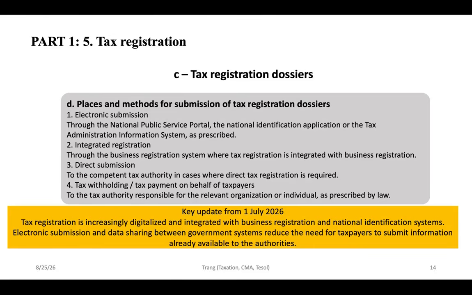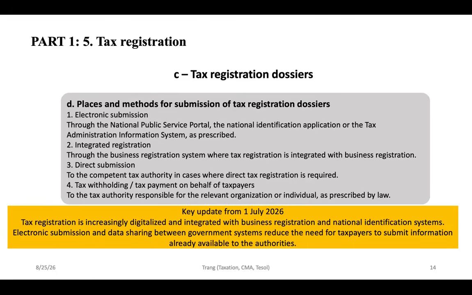You submit physical documents directly to the competent tax authority, which is required for certain specific cases that cannot be processed online yet. Fourth, what about tax withholding or tax payment on behalf of taxpayers? In this scenario, the dossier must be submitted to the specific tax authority that is responsible for the relevant organization or individual as prescribed by law.